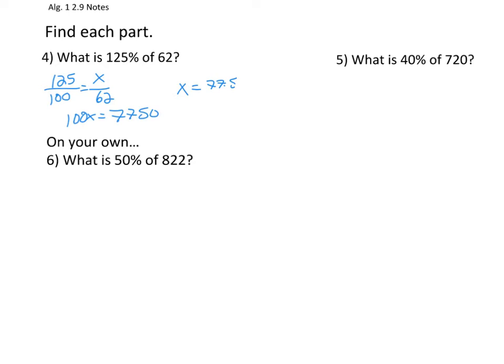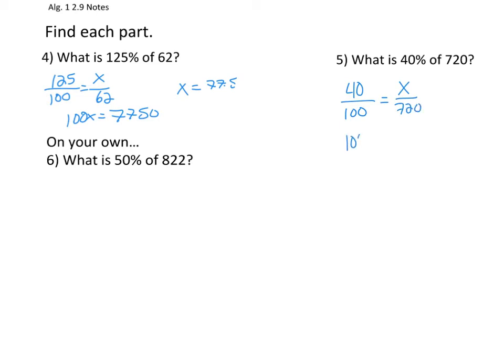Alright, number 5 says, what is 40% of 720? So I'm going to set up my equation, or my ratio. I've got 40 over 100, and I'm going to have some sort of number over 720. That's the number that I'm looking for.